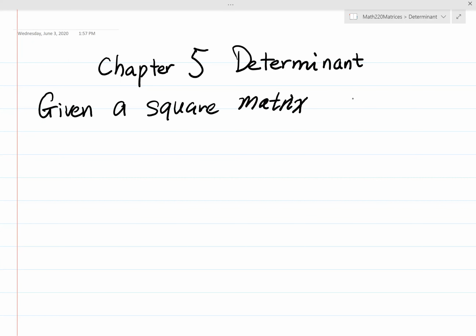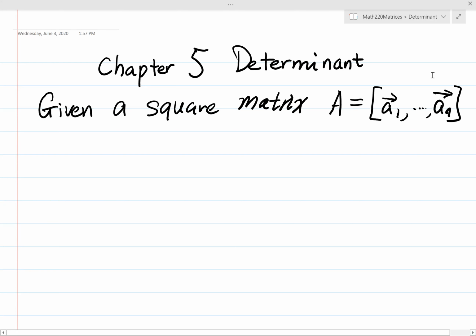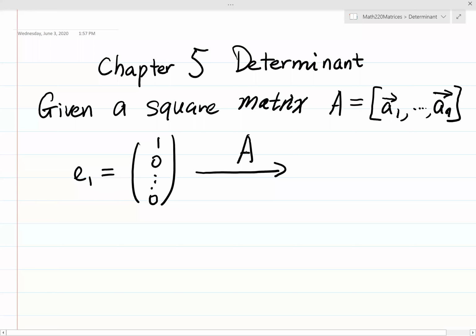Given a square matrix A in column picture, A1 through An, if we plug E1, which is 1, 0, bunch of 0s, into the machine A, the output is the first column.